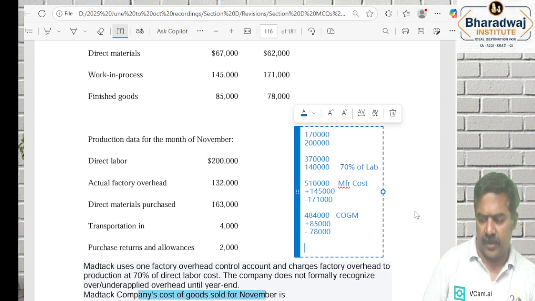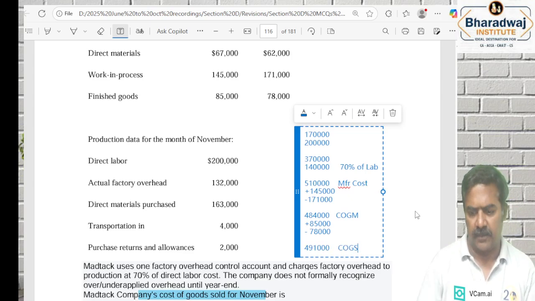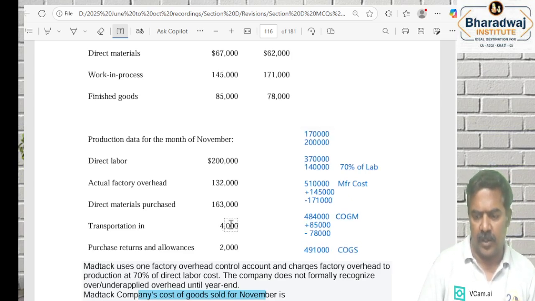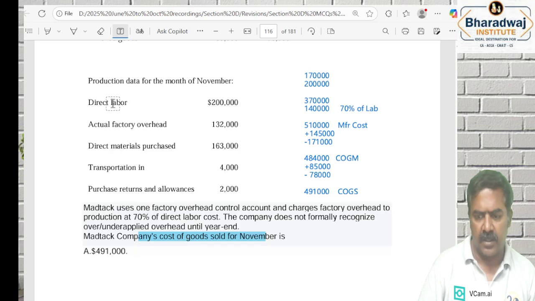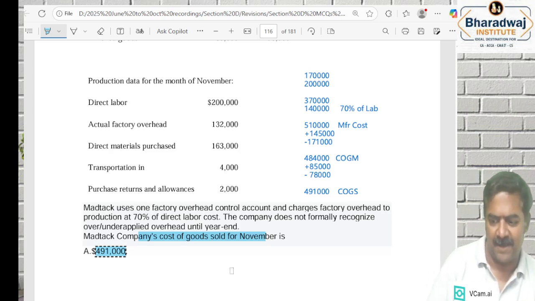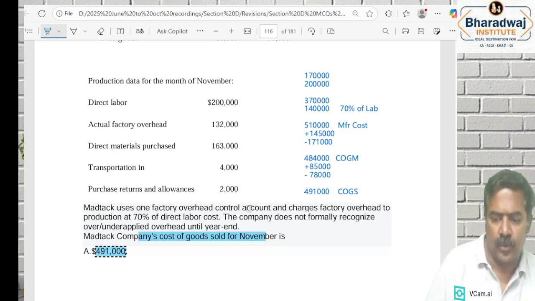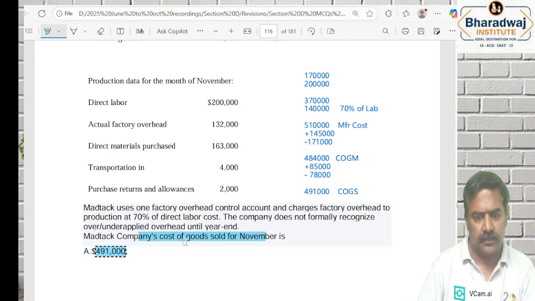So it will be 4,91,000. That is your cost of goods sold. Answer is 4,91,000.